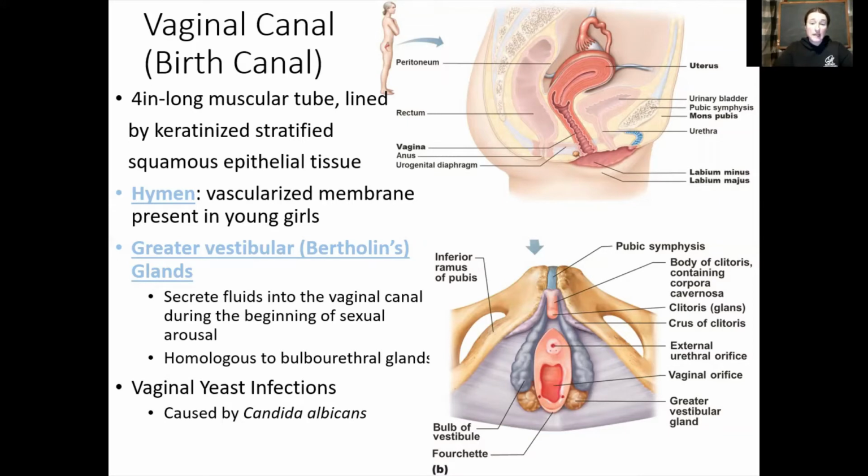And just like in the digestive system, the digestive system being posterior here, the vaginal canal is populated by a community of microorganisms. In a lot of ways, these microorganisms are helpful to the vaginal canal. They are going to maintain the environment and the tissues they're in.